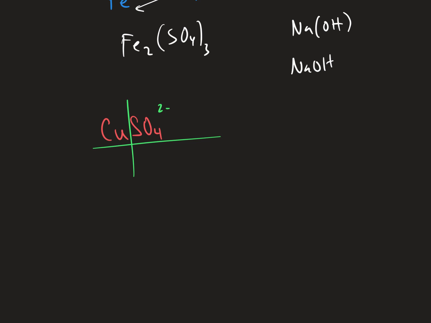But there's no parentheses. I bring this one up because it's a common mistake people make. They say, okay, this is a -8 charge, but it's not. There's only one, so that's a -2 charge. This side has to be +2. There's only one, so it's a 2+. So what's this called? Copper 2 sulfate.